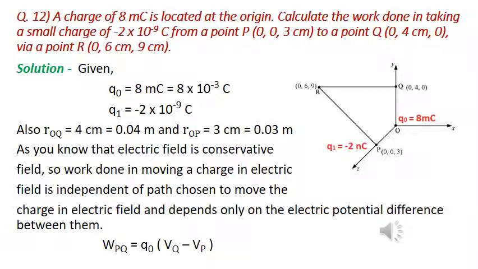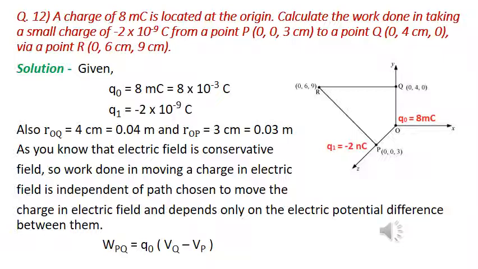In this question, it is given that there is a charge 8 millicoulomb located at the origin as shown in the figure, and we have to calculate the work done in taking another small charge -2 into 10 to the power minus 9 coulomb from point P to point Q via point R.